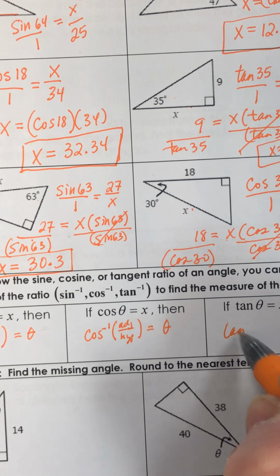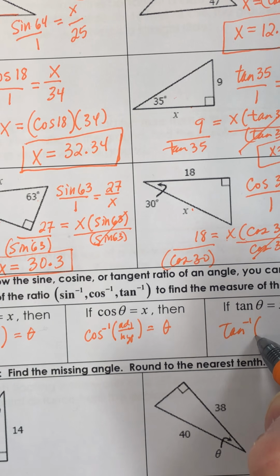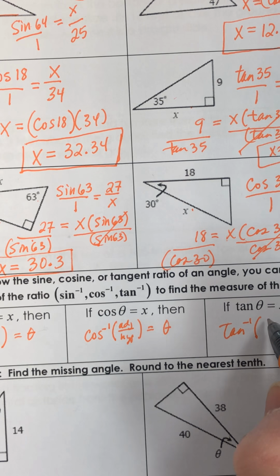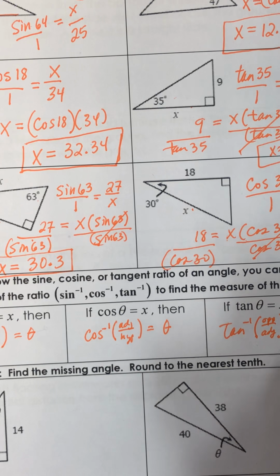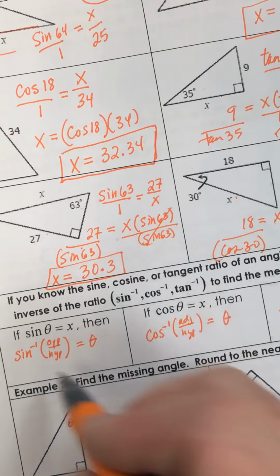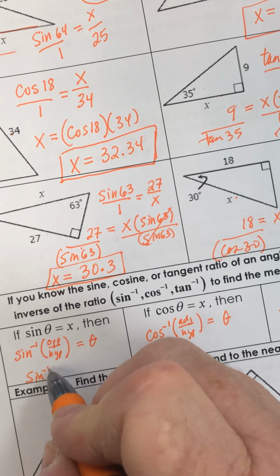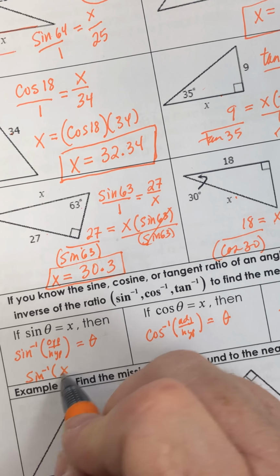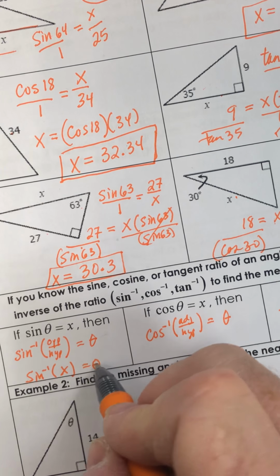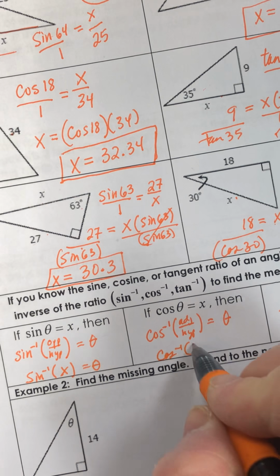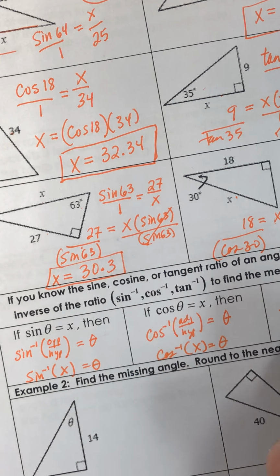And the inverse tangent of some side opposite over adjacent, that's going to equal the angle. So on the notes, if you're looking at my answer key, I had written to the negative 1 of the x. X is representing the ratio, so that's why I put that there, would equal the angle, and so on. And tangent.